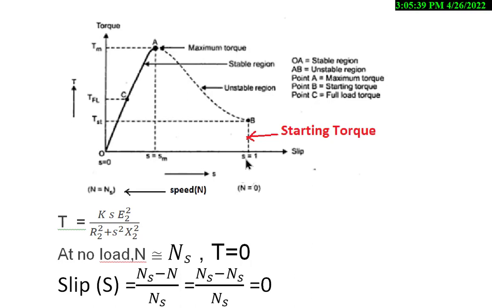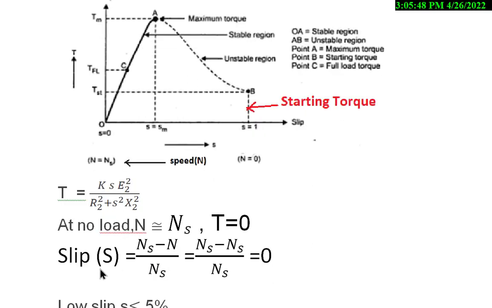When you look at this, at S equal to 1, the rotor speed will become 0, because slip is equal to Ns minus N divided by Ns. The slip becoming 1 happens only when the rotor stops working, that is standstill, N is 0, so Ns by Ns is 1. So this is the point.